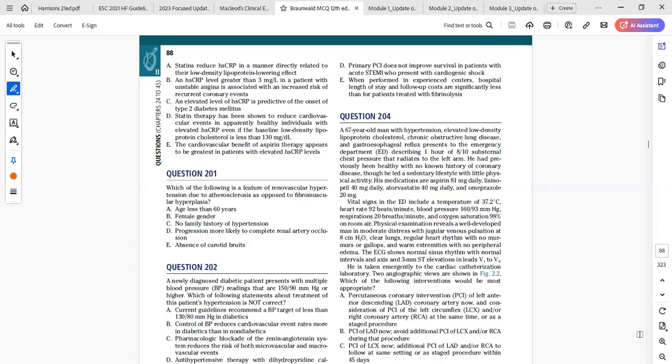And that's where the staging of the PCI comes in. If you look at the guidelines, they looked at within 45 days from the index PCI. What will define whether you do it on the same day as the index PCI depends on how stable the patient is. So for very high-risk patients, you want to go for the culprit vessel.